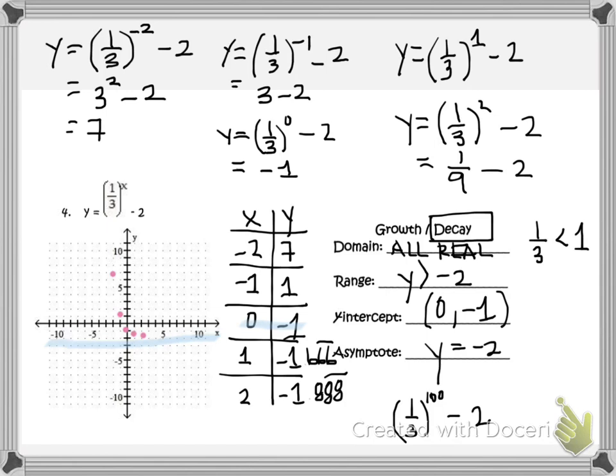Okay, if you did it to the 100th power, it's going to be roughly -2, but it is still a decimal. -1.194 times 10 to the -49th power. So it's going to be something so tiny, but it's so close to that -2. Okay, so that's why that -2 would be our asymptote. So the graph is going to look like this. Okay.